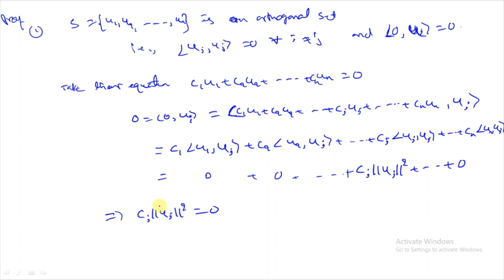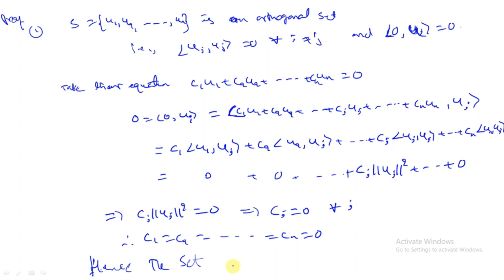But the length of a vector is never 0. That means Ci equals 0 for all i. Therefore C1, C2, ..., Cn all equal 0. Each coefficient is 0, hence the set S is linearly independent. That is the first part.